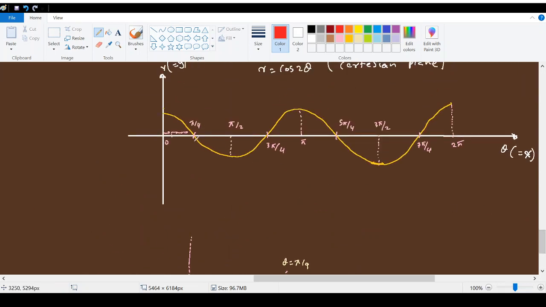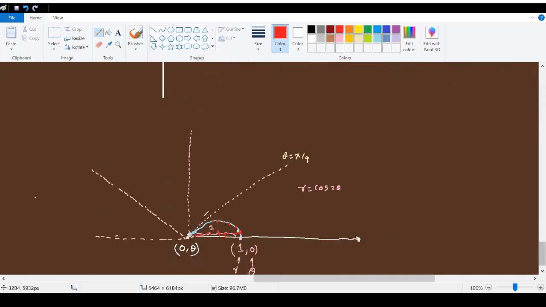And how about the other part? Here it says when theta goes from pi by 4 to pi by 2, that means when theta rises from pi by 4 to pi by 2, for the values in this region.